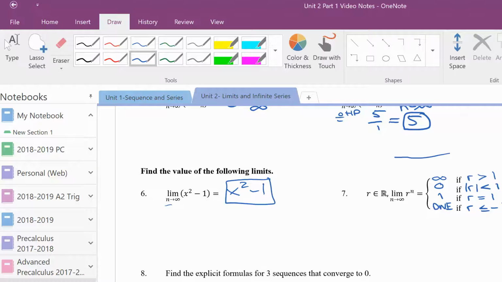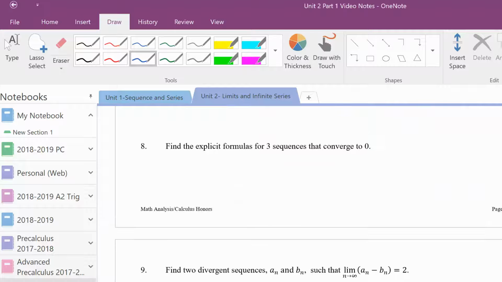All right, so number 8 says find 3 explicit formulas such that the sequence converges to 0. Remember, fractions that are like 1 over n converge to 0.